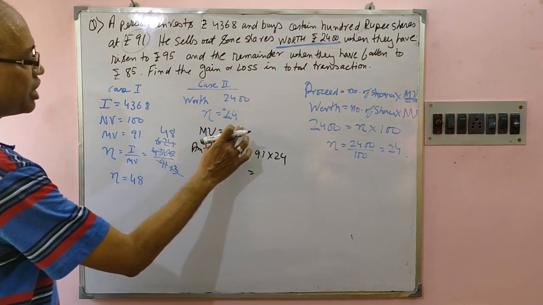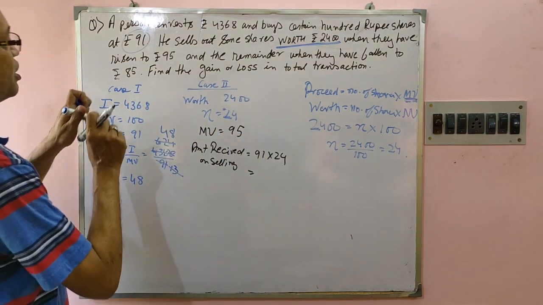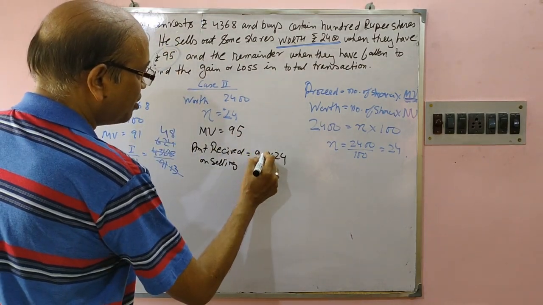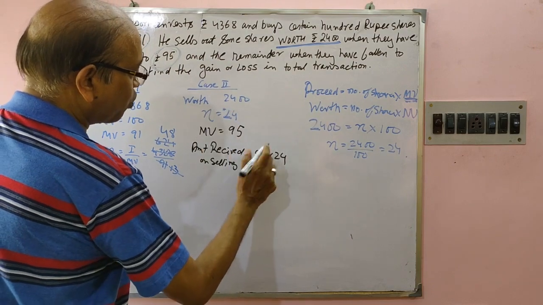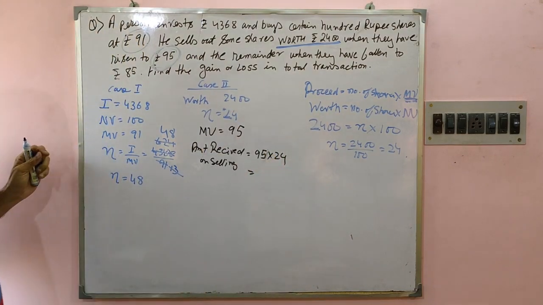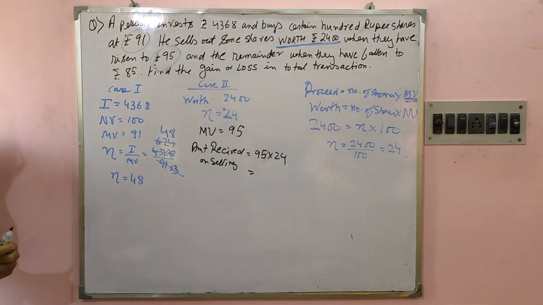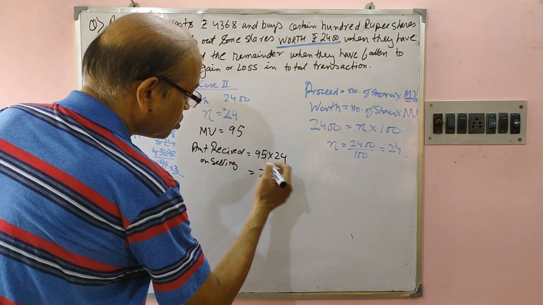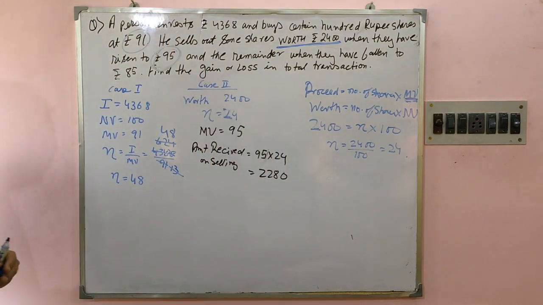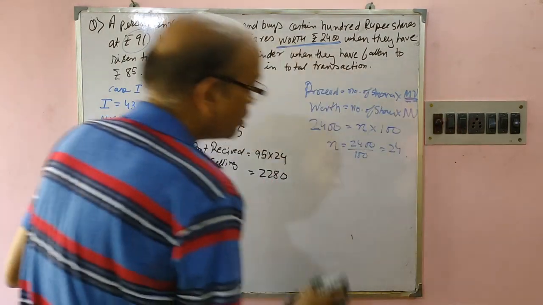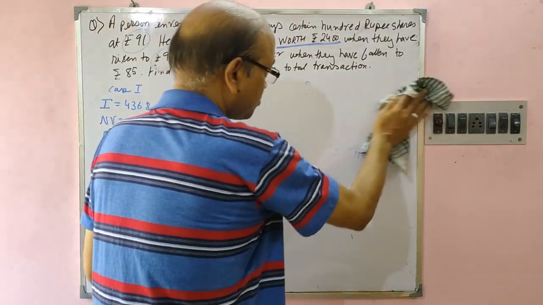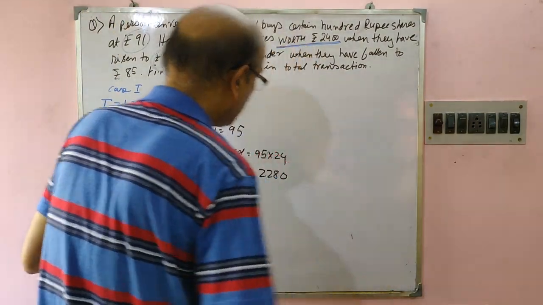Sorry, here the market value is 95 when they have risen to 95, not 91. So the amount received on selling is 95 into 24, which is 2280. Clear? Is this part clear regarding proceeds and worth?